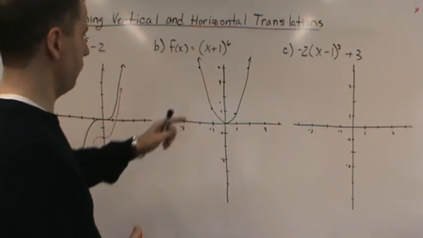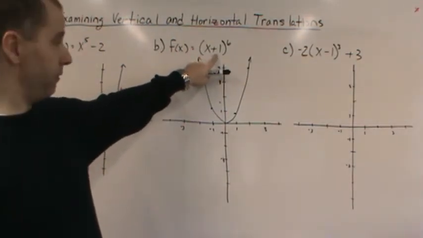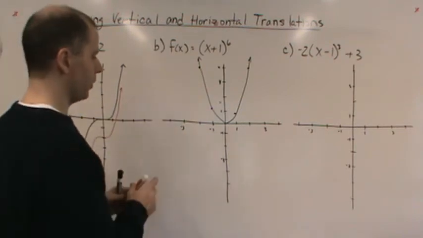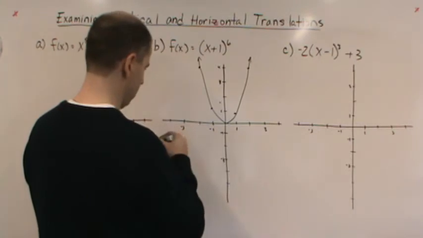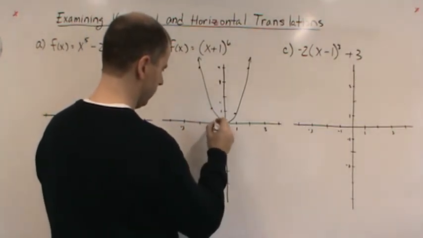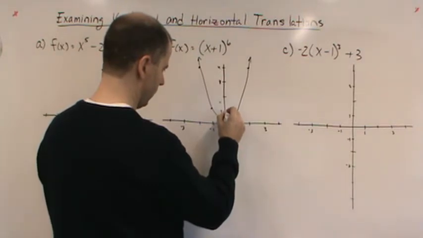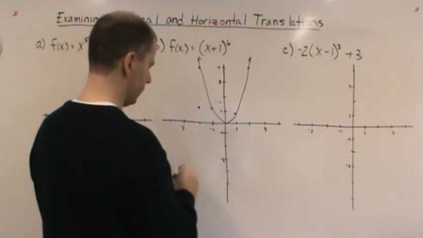So what happens with this? It's a horizontal translation to the left. All 3 of these points are going to be moved. I'm going to move this one here, this one goes here, and this one goes here.